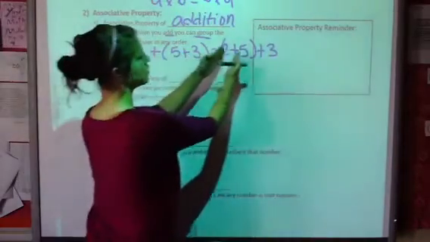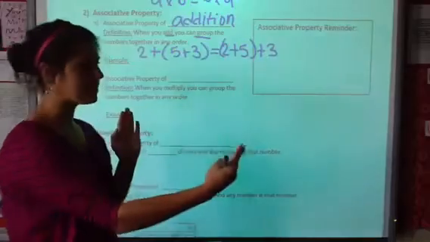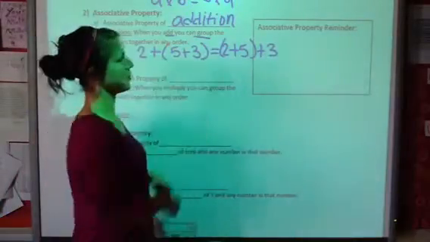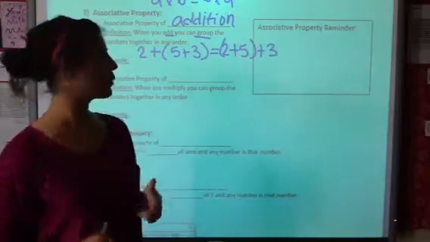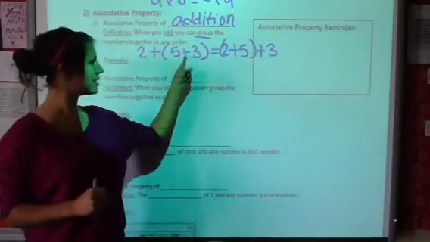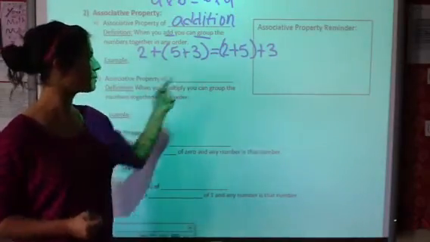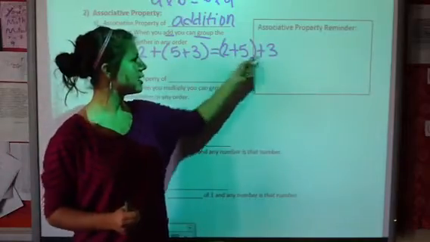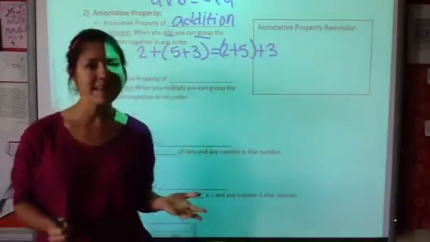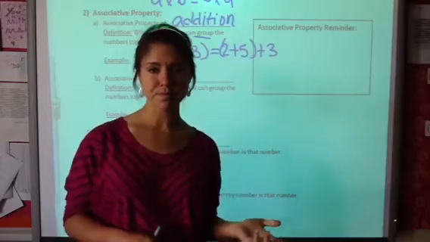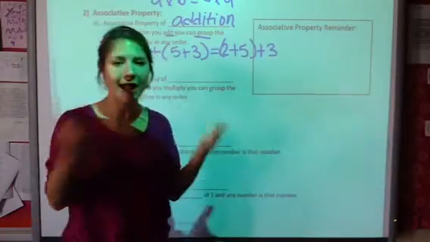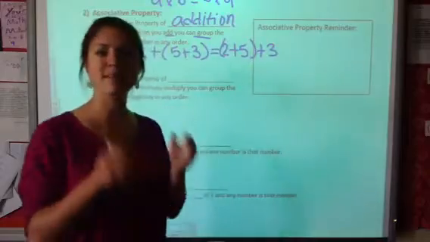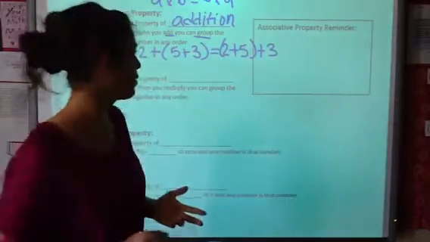The order stays the same, I just switched around my parentheses. And we know that in order of operations, we do parentheses first. So if I did 5 plus 3 is 8, plus 2 is 10. 5 plus 2 is 7, plus 3 is 10. It doesn't matter where the parentheses are when we're adding.